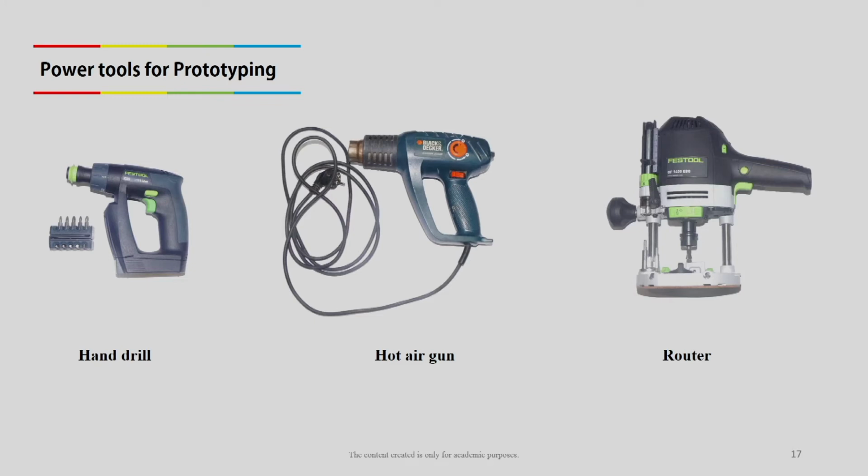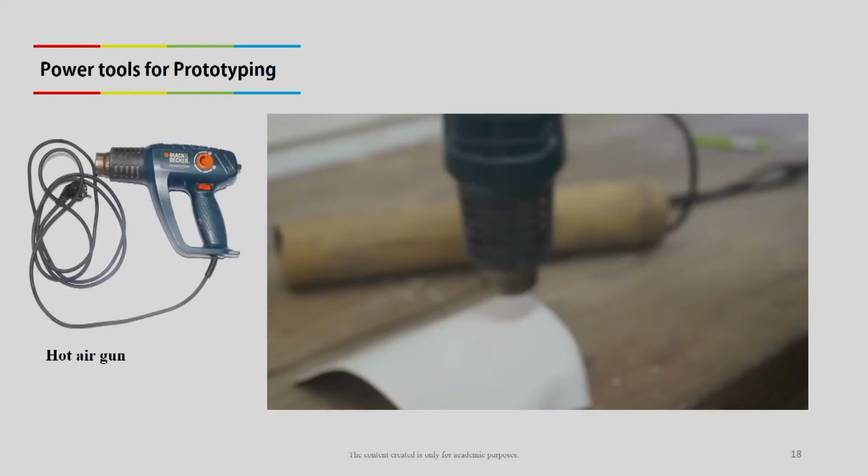Let us see some handheld power tools. One is hand drill, next is hot air gun, and then a router. So, let us see the use of hot air gun.